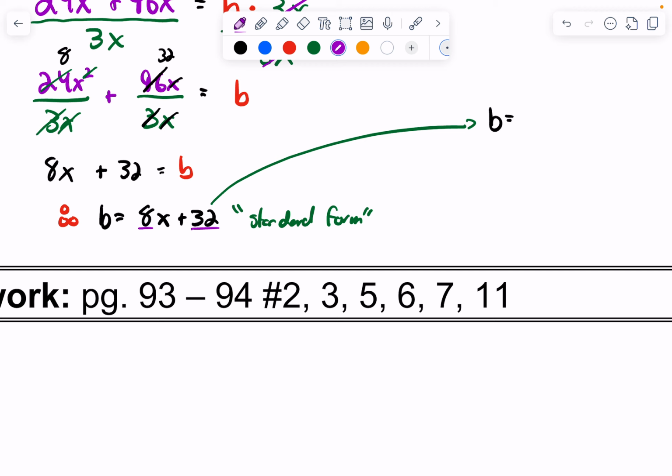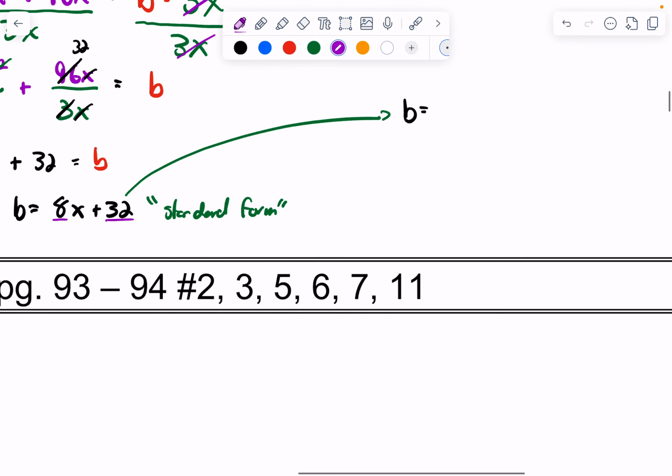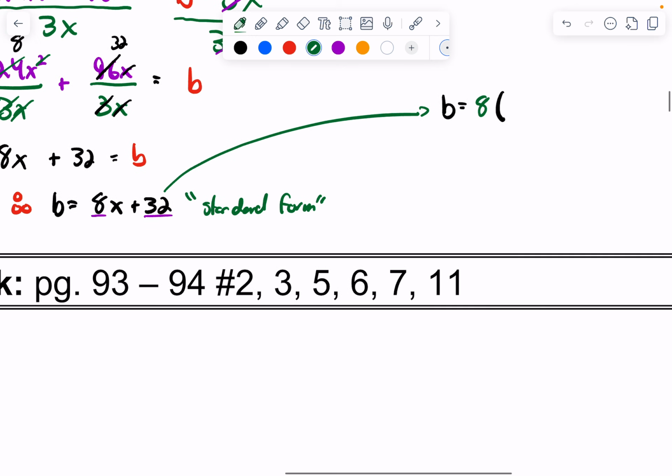Well, I can factor out an 8 from both of those. So factoring out an 8 would be 8 in front, that's a GCF that we identified, and then that 8x, when you factor it out, that'd be like dividing both of these by 8. You'd be left with just x plus 4, and that is factored form.